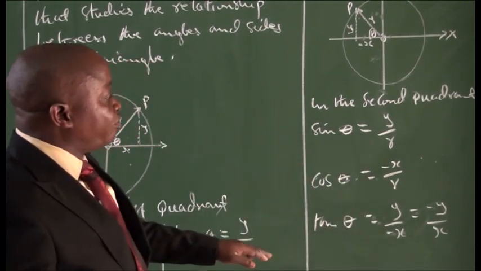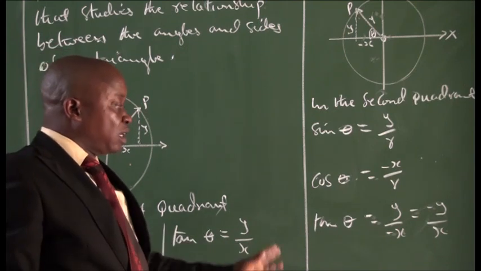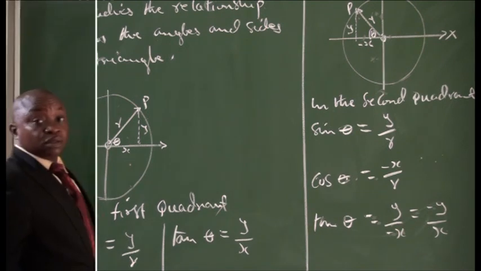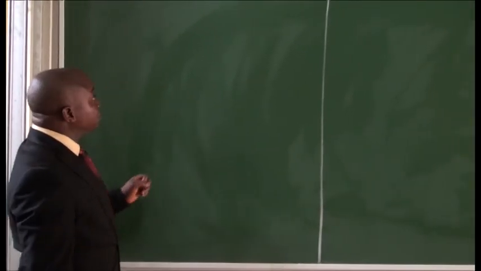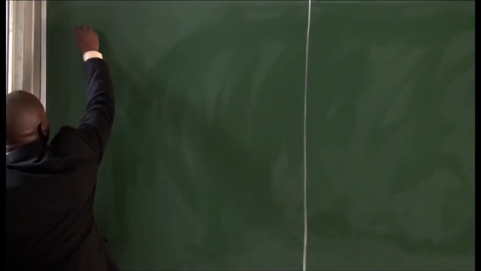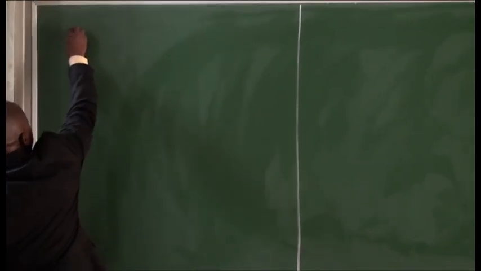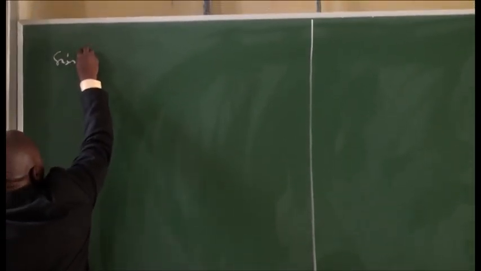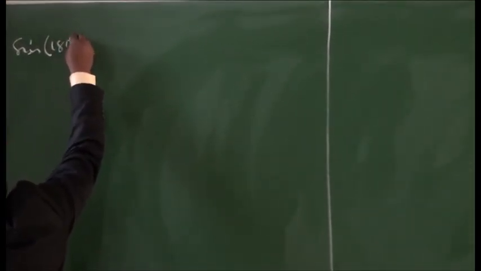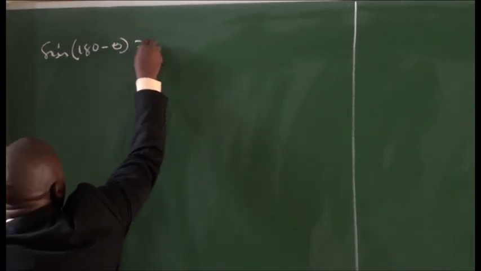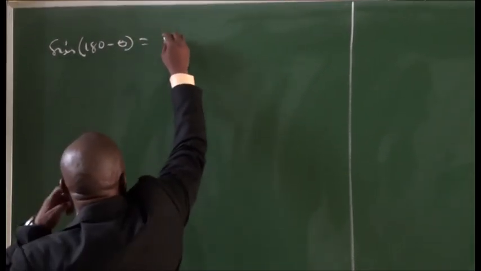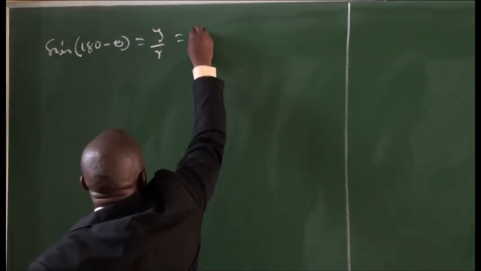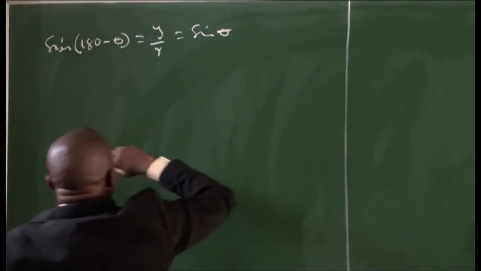So we will have the definition now, how we define angle in that particular quadrant. From what we have done, we can define angle in the second quadrant, that sine of 180 minus theta equals y over r, which is equal to sine theta.